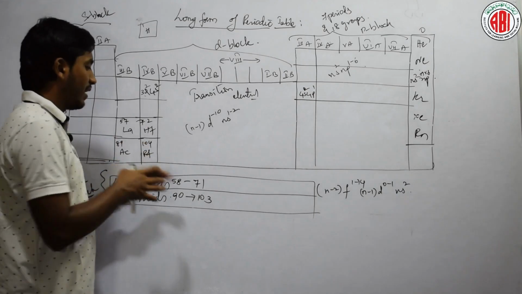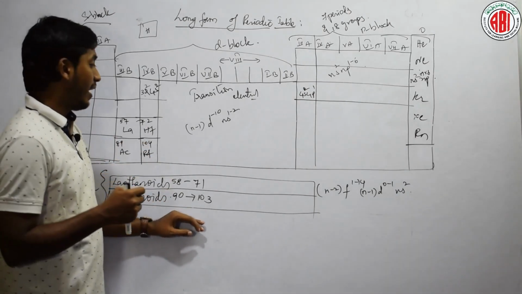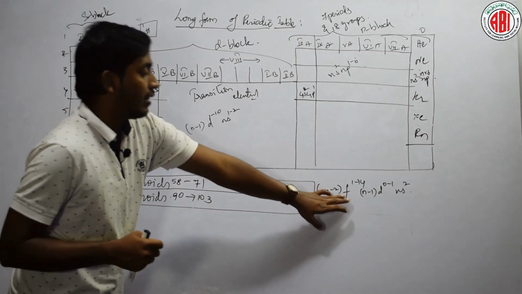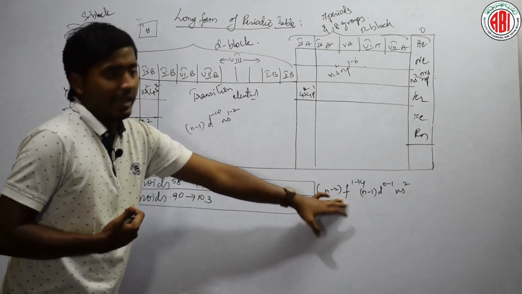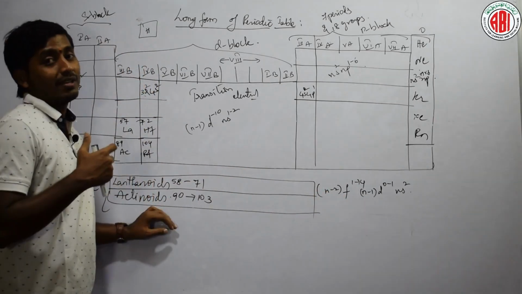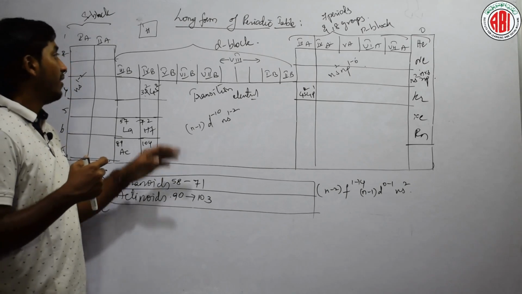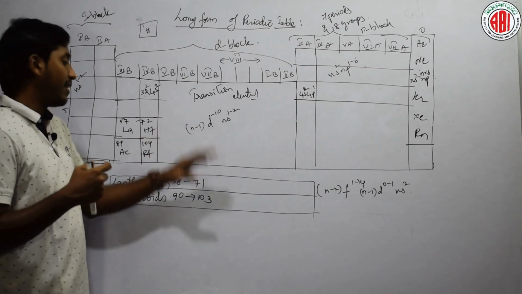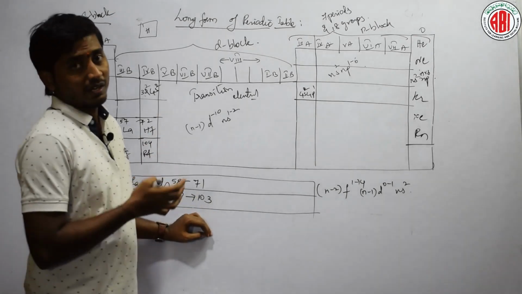Why these are kept separately is that they have a different, separate orbital, that is the F orbital, and these atoms have a special feature of transition elements and some other unique features, right.